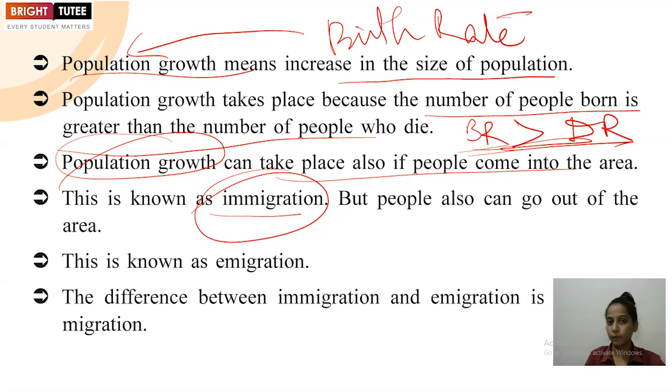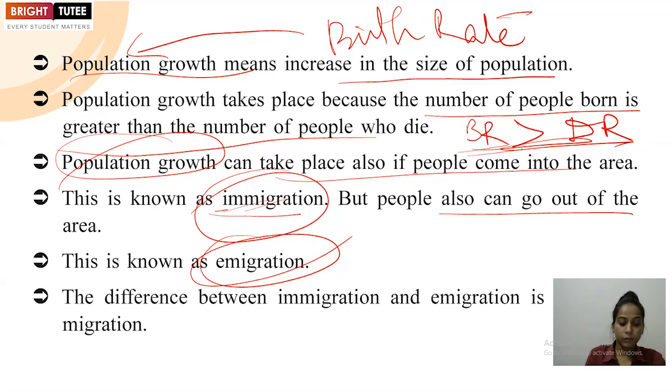Movement of people from one place to another is migration. But when you are specifically talking about people from outside coming into your area, your territory, your state or country, we call it immigration. People can also go out of the country, and we call that emigration.